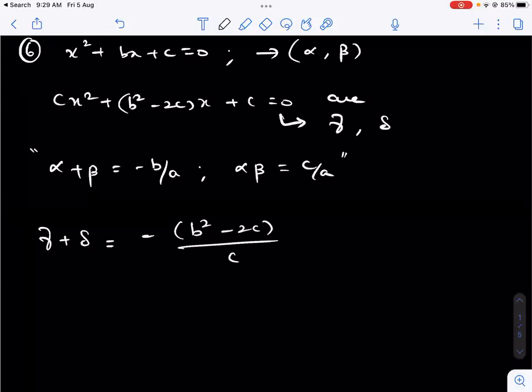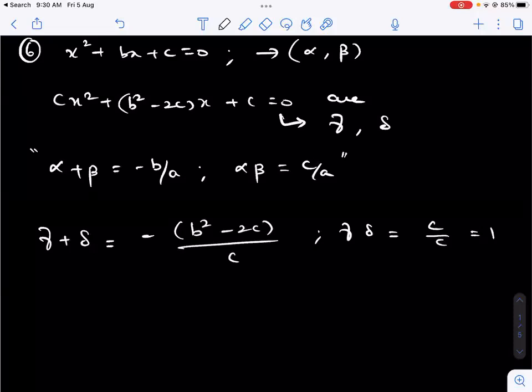Why is alpha plus beta minus b by a? Sum of the roots. So where did we get this idea from? That's what I'm asking. The same logic is what I use. Gamma plus delta is minus of b square minus 2c by c. What is gamma into delta? c by c, which is 1.